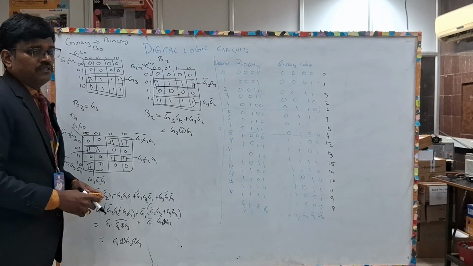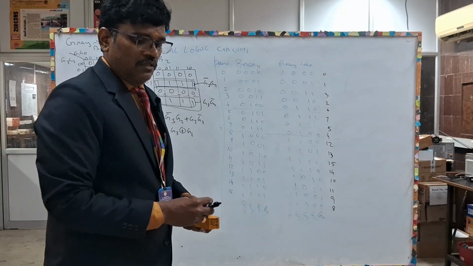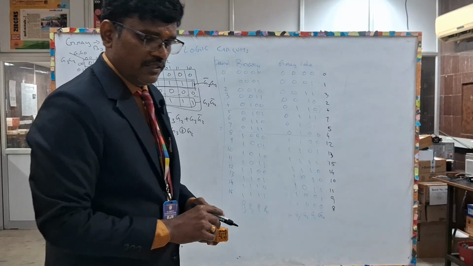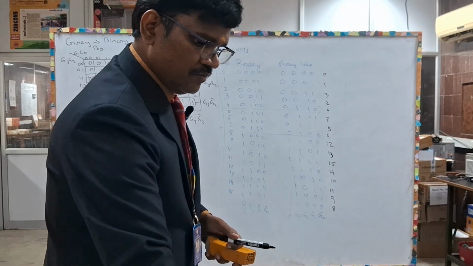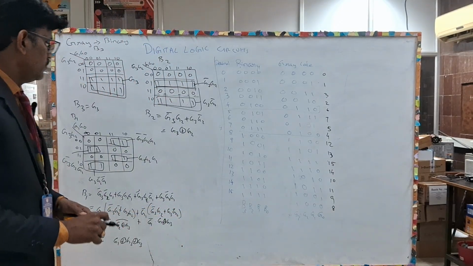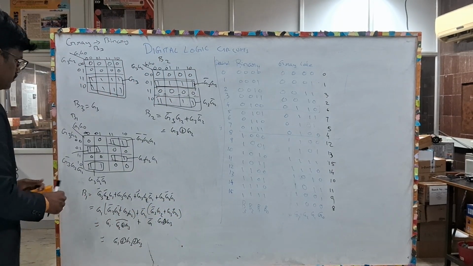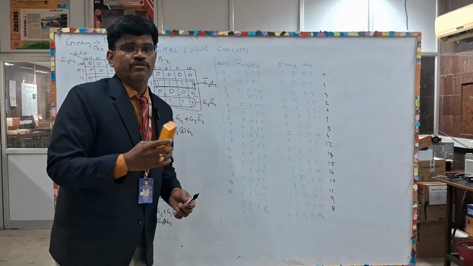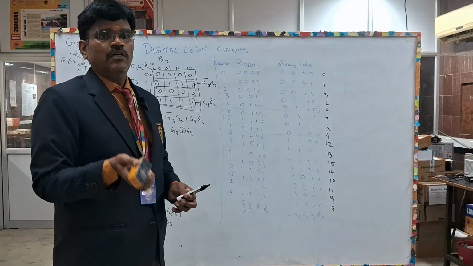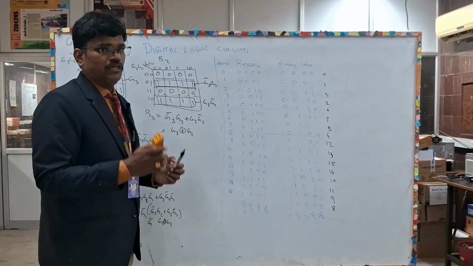When you take these code converters, for the simplification method we always use this K-map method. So this is how we convert from a given binary value to a gray code or a gray code to a binary value. This is how we get the conversion.